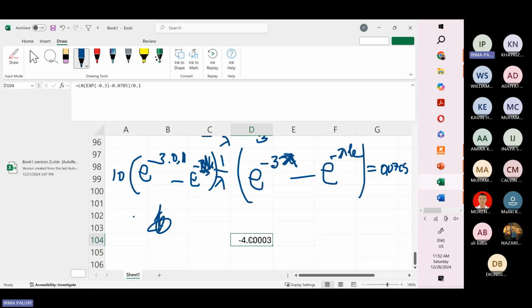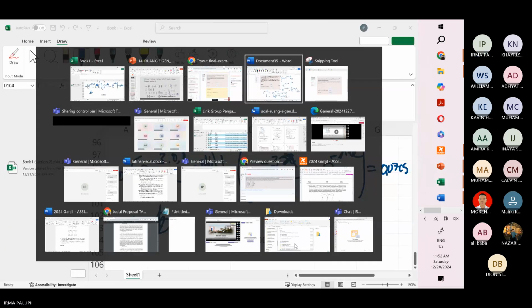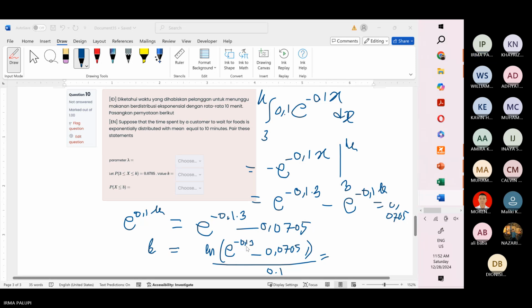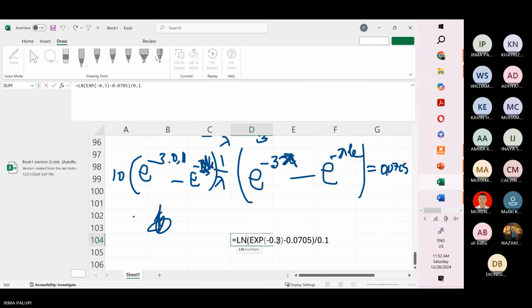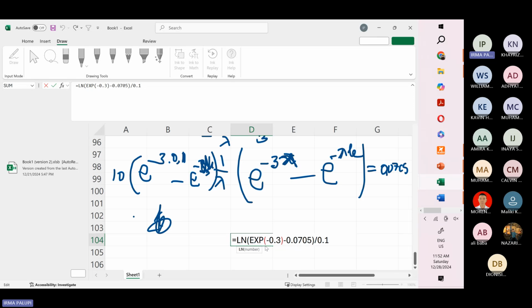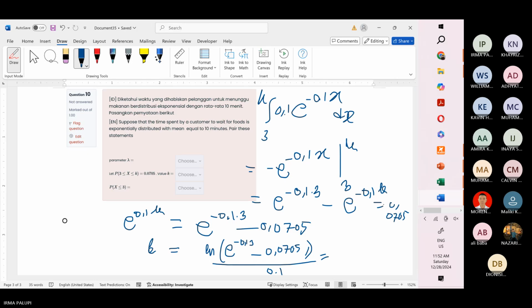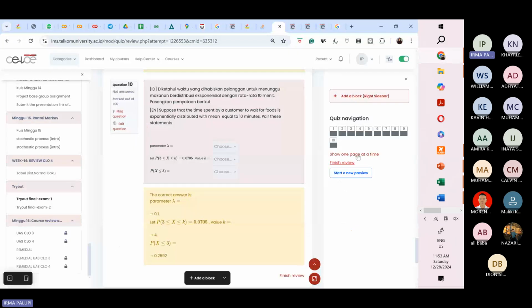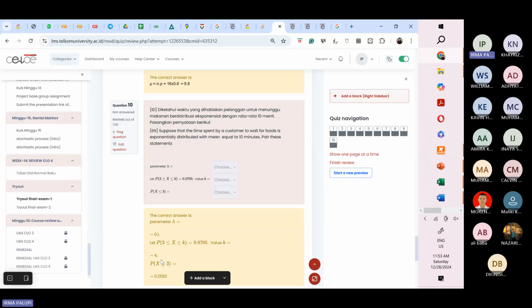It has a negative value here. Please review and try this problem yourself.